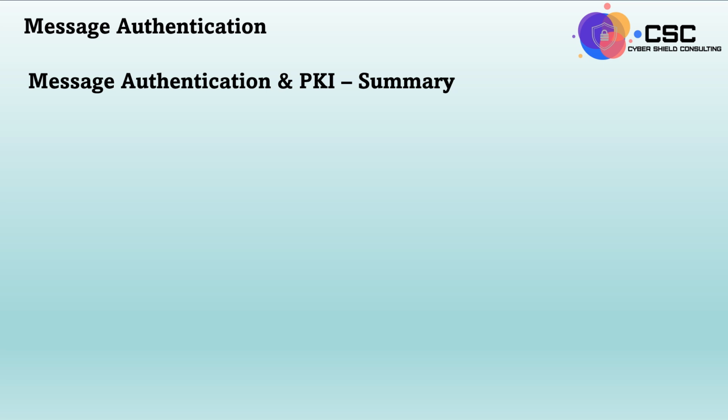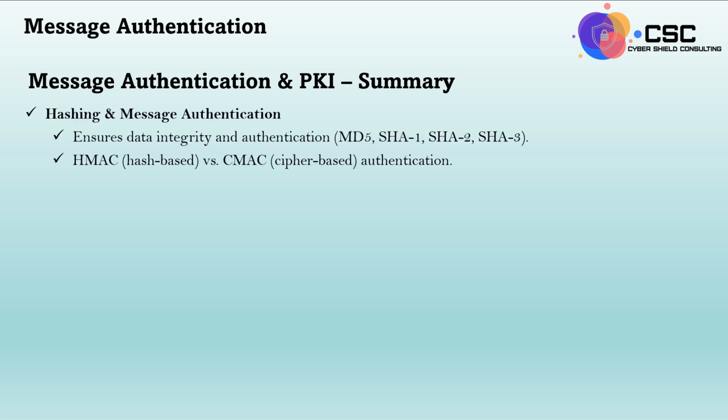In this video, we have explored message authentication and the mechanisms that ensure the integrity, authenticity, and security of digital communications. We began by understanding hashing algorithms, which play a crucial role in data integrity. MD5, SHA-1, and SHA-2 are commonly used hash functions, each with different levels of security. HMAC and CMAC extend hashing and encryption to verify message authenticity.